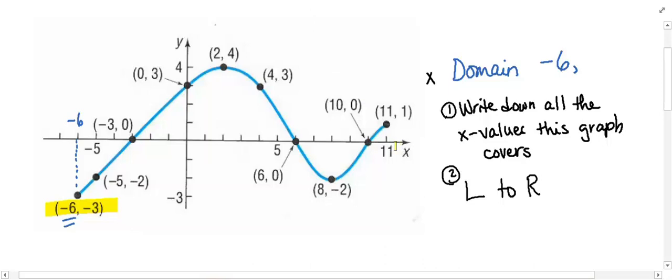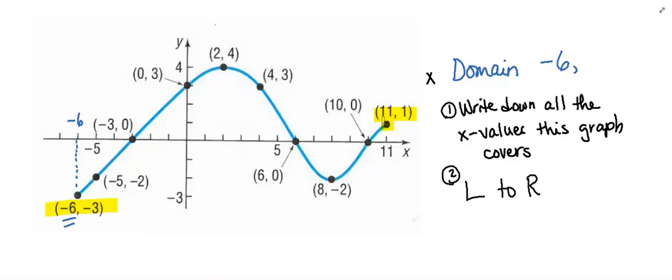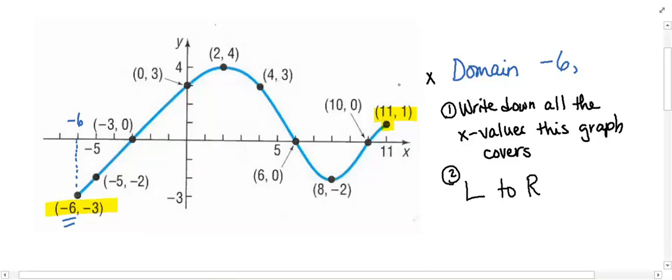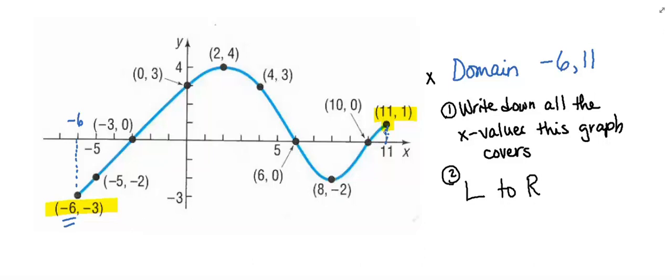Here it is, with coordinates (11, 1). Again, this is a closed circle, so you want to include it in the graph. Since this is domain, you write down the x coordinate, which is 11. So this blue curve exists between x equals -6 and x equals 11, and there are no gaps.